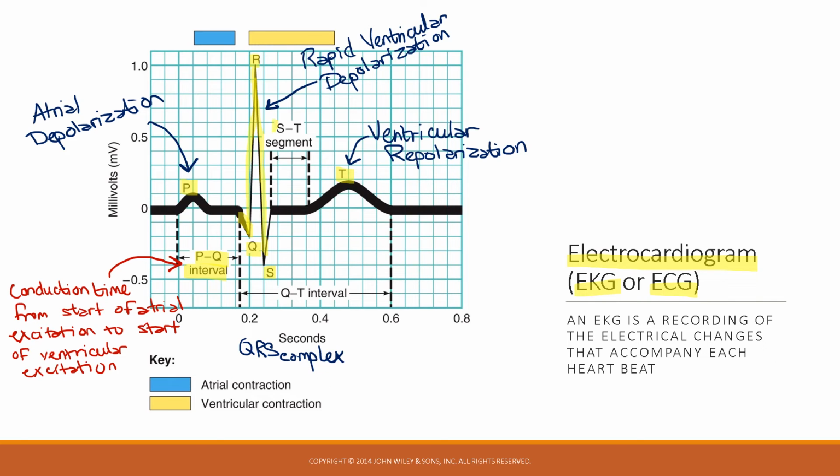Then we have the ST segment. This is going to begin at the end of the S wave, or the end of the QRS complex, and it ends at the beginning of the T wave. What this represents is the time when the ventricular contractile fibers are depolarized during the plateau phase of the action potential.